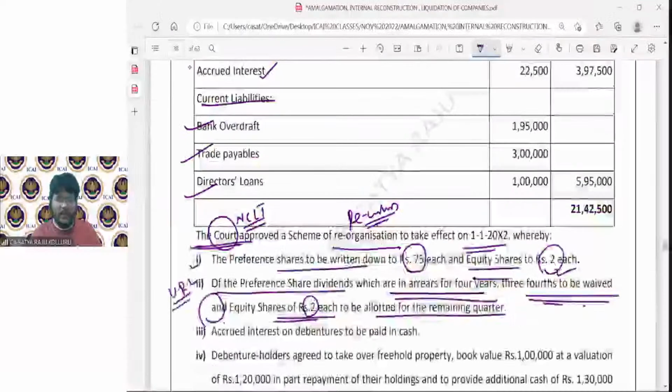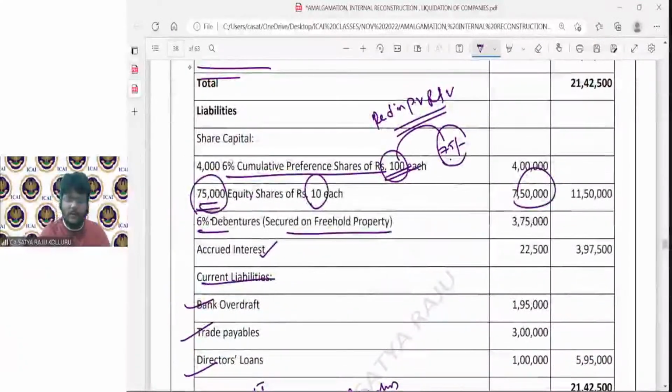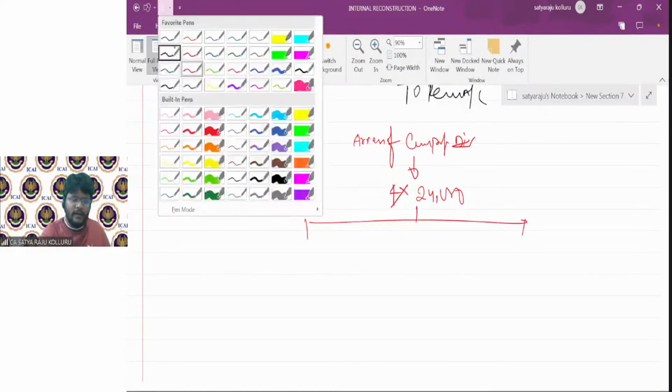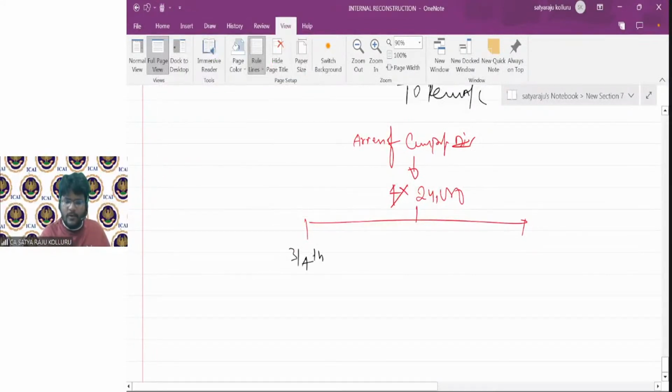Per annum dividend is how much? You can cross check. 6% into 4 lakh, which is 24,000. Now, out of which 3/4 is sacrificed. 3/4 is sacrificed means 3 into 24,000 is sacrificed.